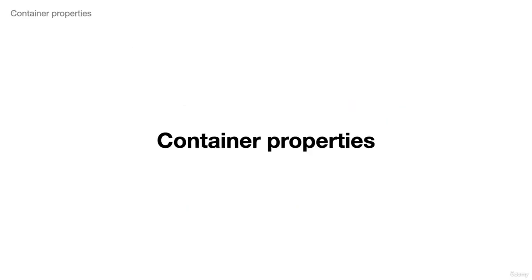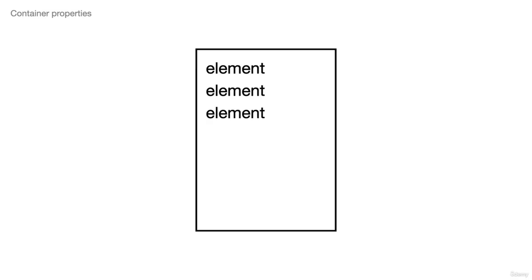Now that we know what a container is, let's have a look at its properties. Each object in a container is called an element. Containers allow us to loop over its elements. When a container allows to loop over its elements, we say the container is iterable. All containers in this course are iterable.